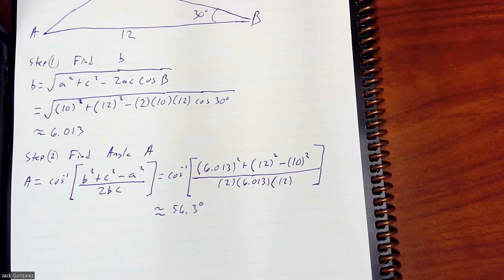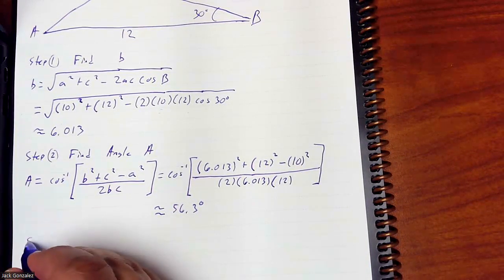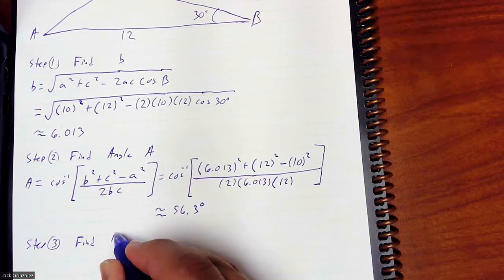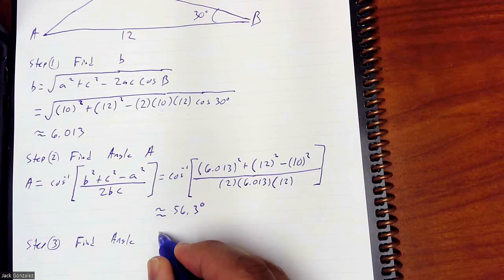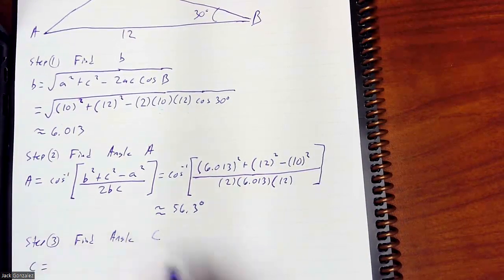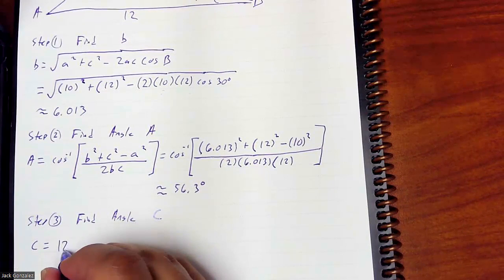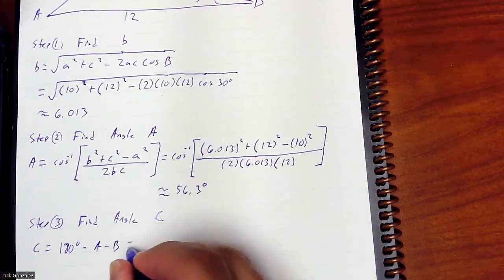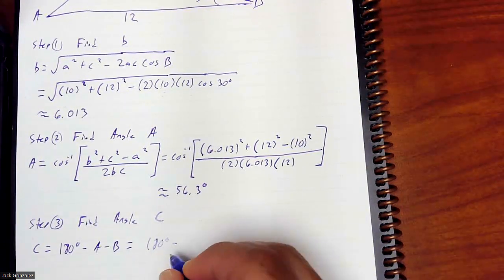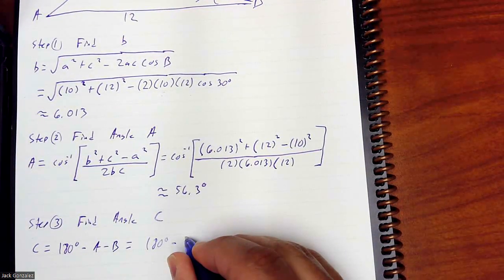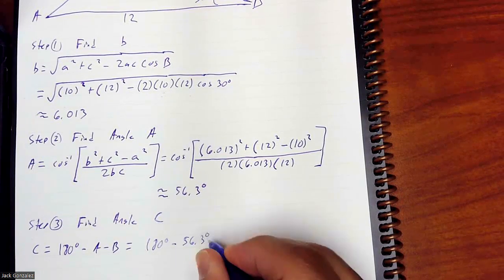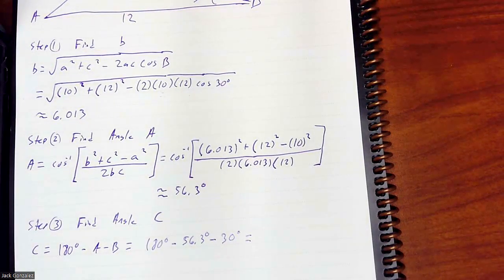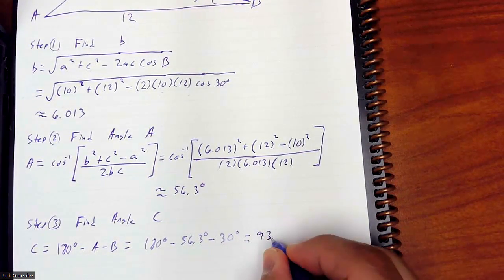You could use a formula one more time if you want to, but that would be unnecessary. So C would equal 180 minus A minus B, which is 180 minus 56.3 minus 30. It's about 93.7.